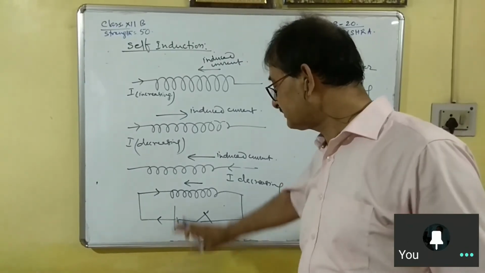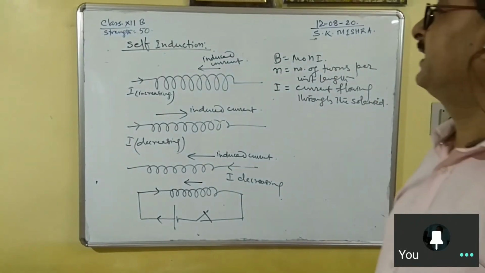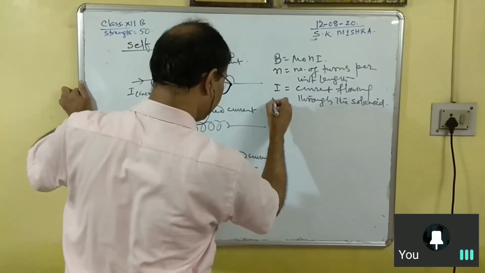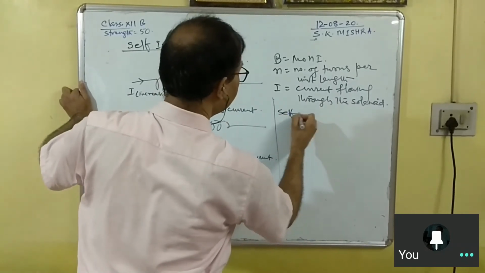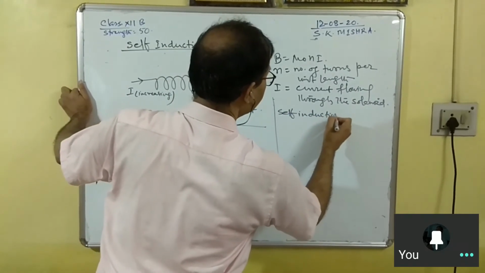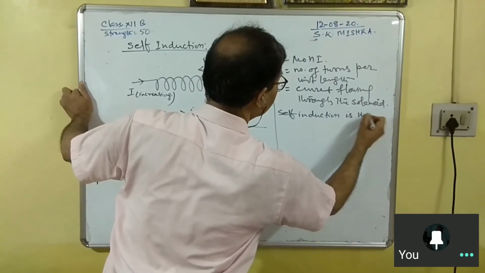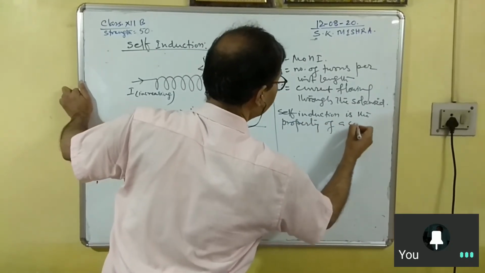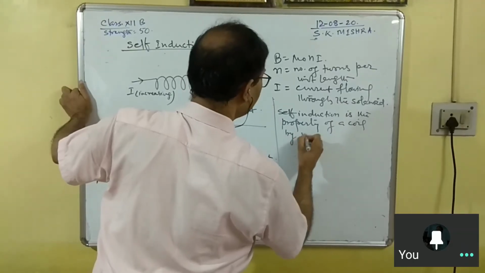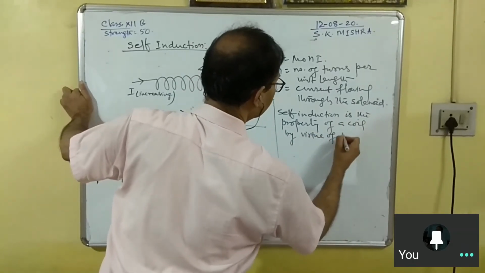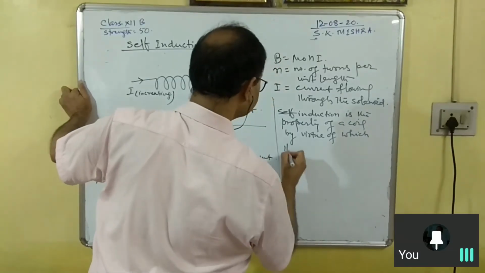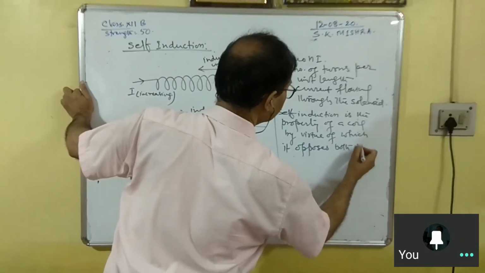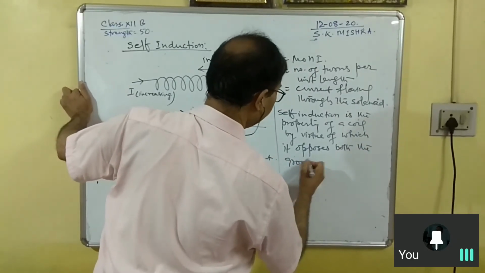Okay? Now, write down the definition of self-induction. Self-induction is the property of a coil by virtue of which it opposes both the growth and decay.